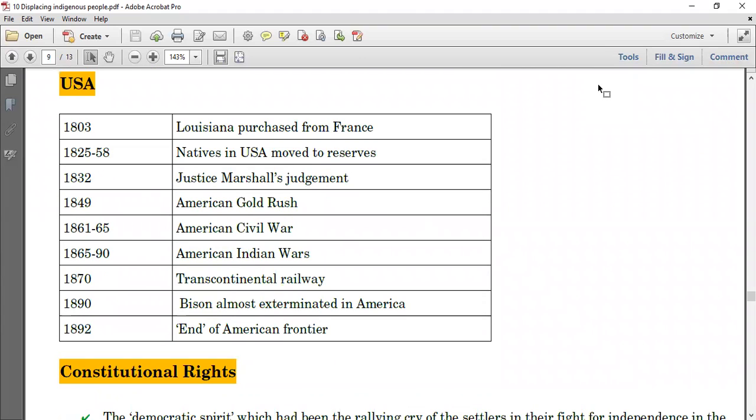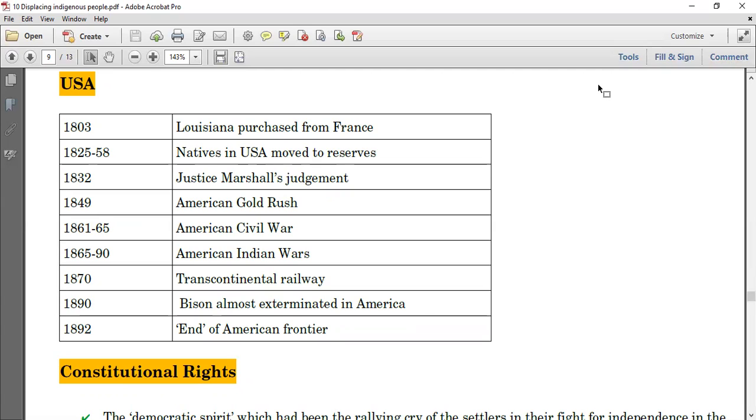USA: 1803, Louisiana is purchased from France. 1825 to 1858, natives in the USA are moved to reserved lands. 1832, Justice Marshall's judgment. 1849, the American Gold Rush. 1861 to 1865, the American Civil War. 1865 to 1890, the American Indian Wars. 1870, the Transcontinental Railway. 1890, the bison gets exterminated in America.